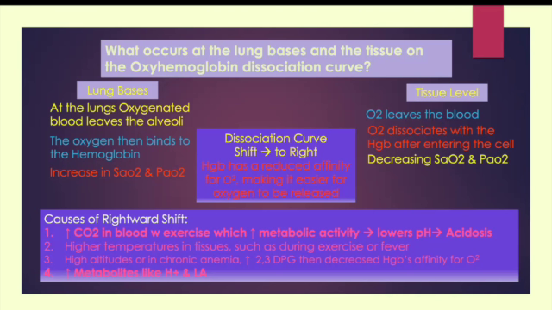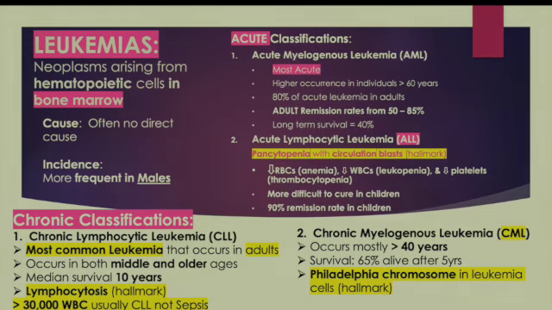I just wanted to put that out there because I think it's important that we understand that this is happening and why it's happening and what the acidosis does. And so if you can imagine, alkalosis would give you the opposite effect, where the affinity of the O2 increases, right, to the hemoglobin. So just something to keep in mind. I wanted to just share that with you guys. Next.